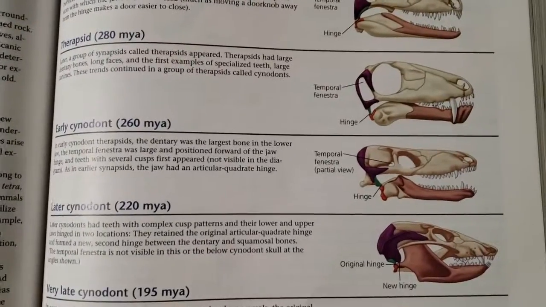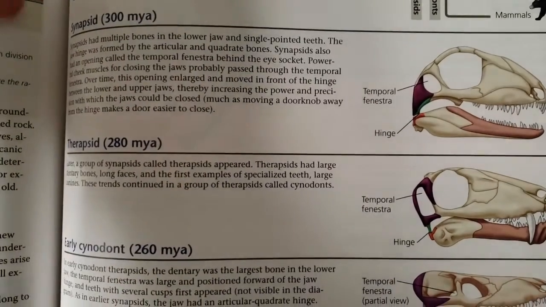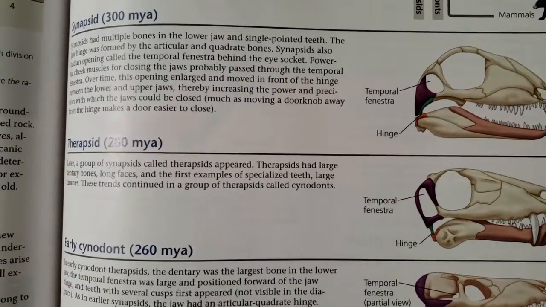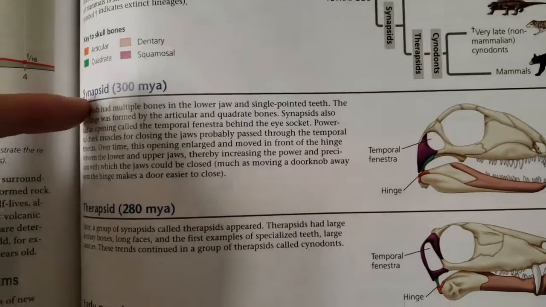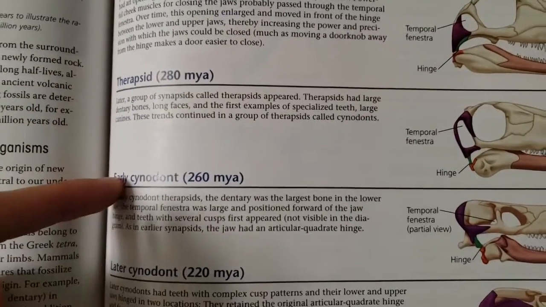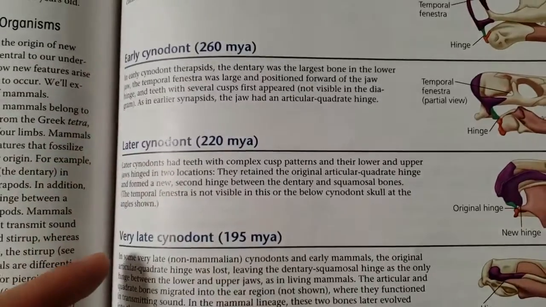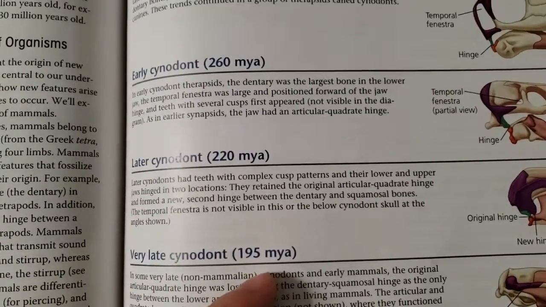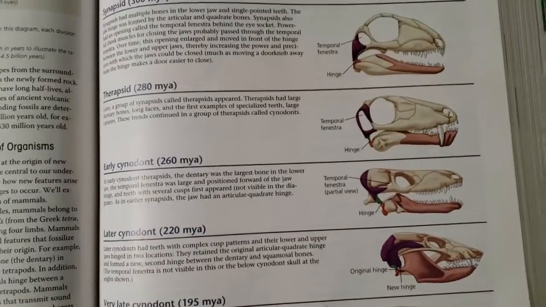Over here, we've got the different groups of organisms, from our synapsids to our therapsids, early cynodonts, later cynodonts, and the very late cynodonts from millions and millions of years ago.